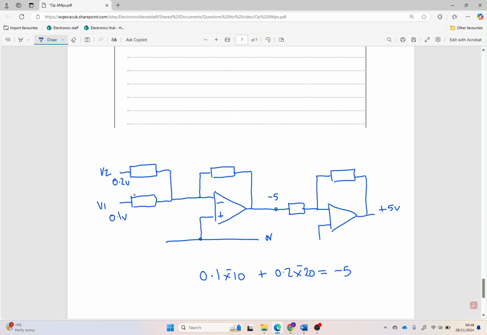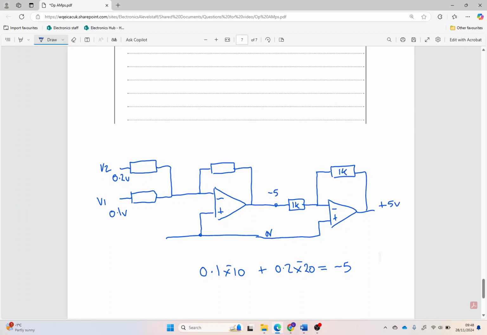And I say, we try and keep this as simple as possible. So the easiest way to do this is to have a gain of minus 1. So I can make that 1k and 1k, 10k, or whatever you want it to be. So now I've got plus 5 volts out by putting in an inverting amplifier to do that.